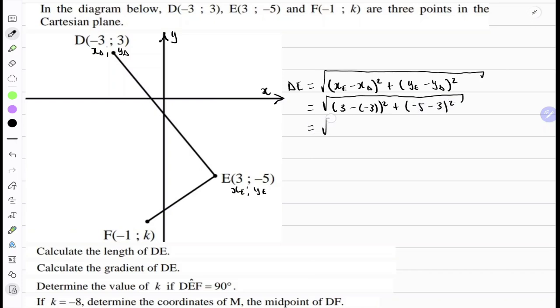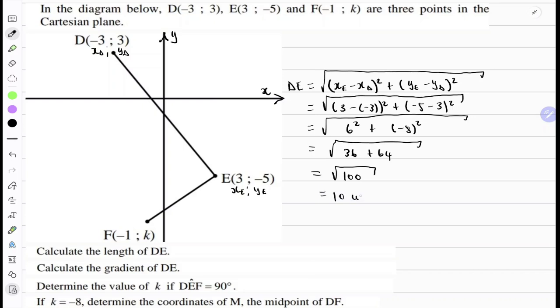So this is equal to 3 minus -3 is 6 squared plus -5 minus 3 is -8 squared. So this is equal to the square root of 36 plus 64, which is equal to the square root of 100, which is equal to 10 units.